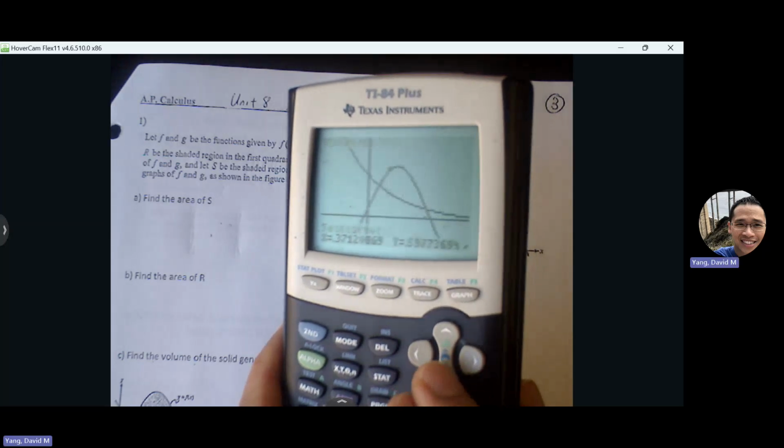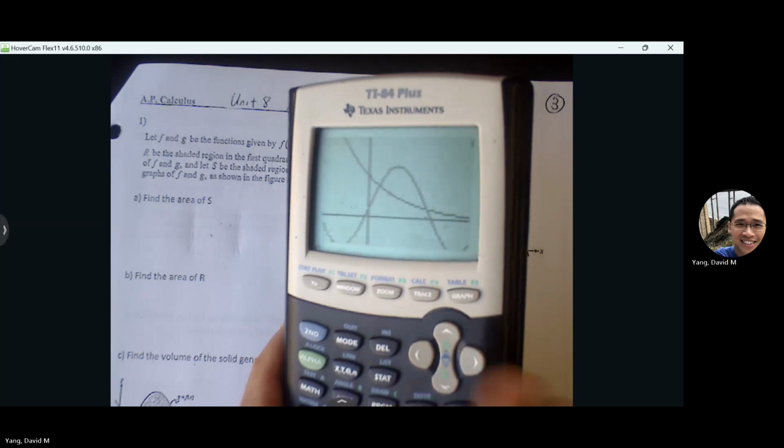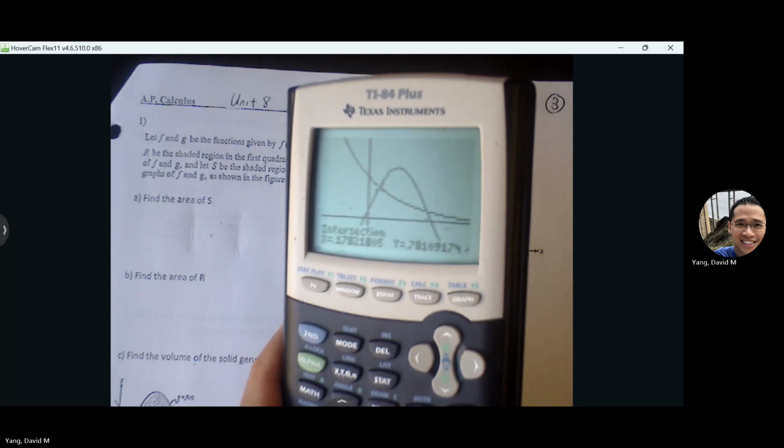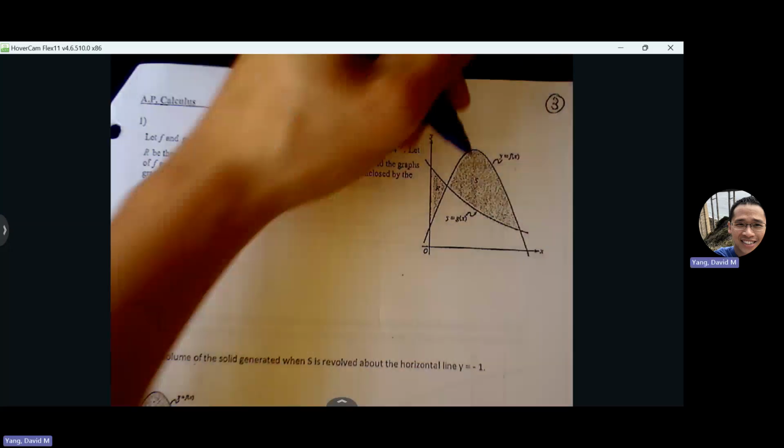Pick a point near the first intersection. Point 178 is our X value.